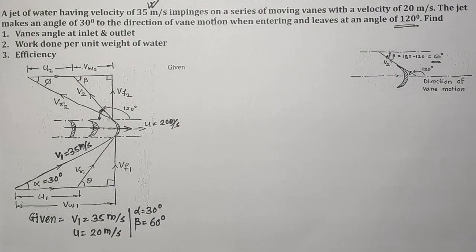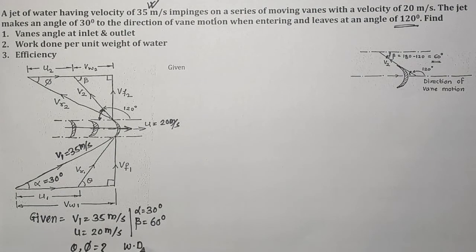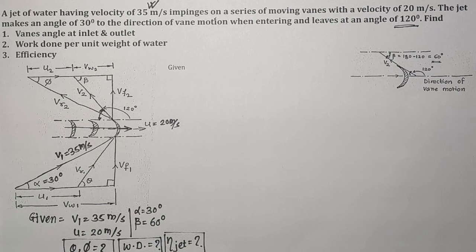The rest of the things we need to find out are the vane angles, theta and phi. After that we have to find out the work done, and then the efficiency of the jet. So these three things are to be found out, and we will see them one by one.